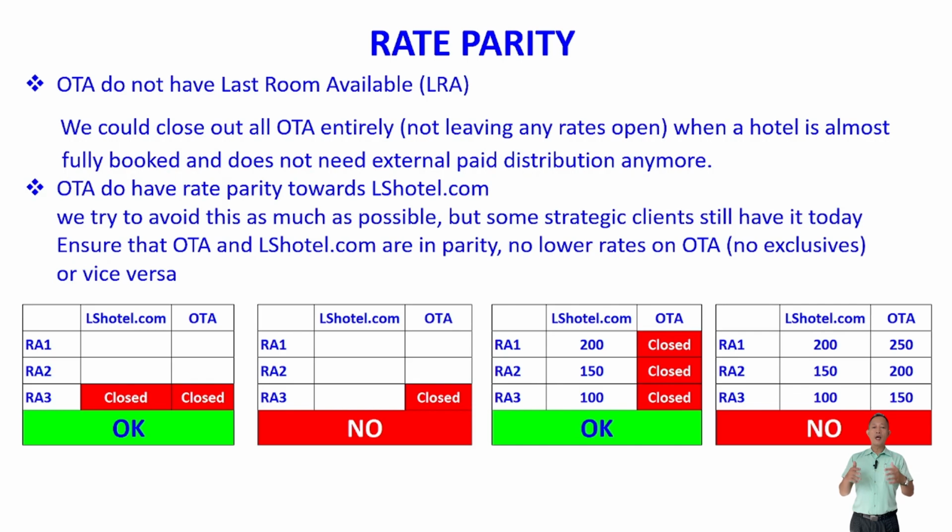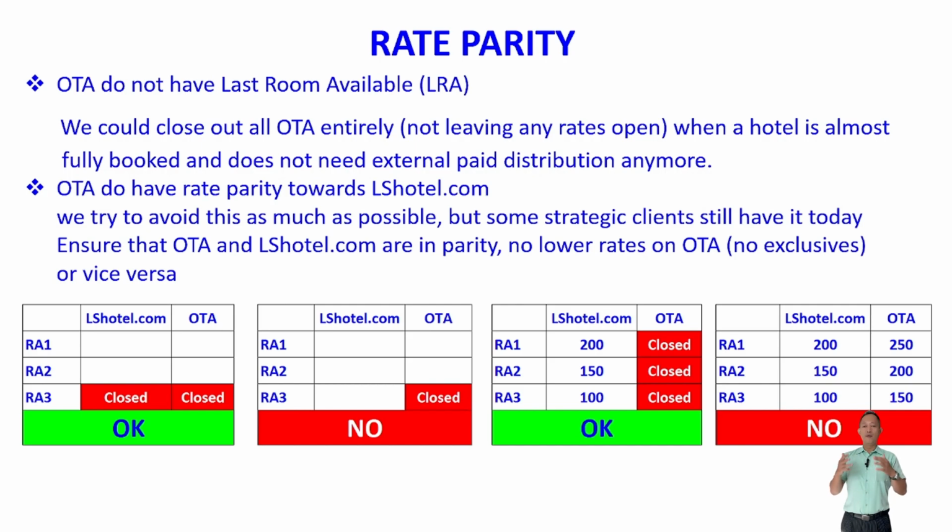If we are selling the same product for the same date, to make our understanding easy, for example, if starwoodhotel.com or marriothotel.com is selling A1, A2 or A3, OTAs should also receive A1, A2 and A3.